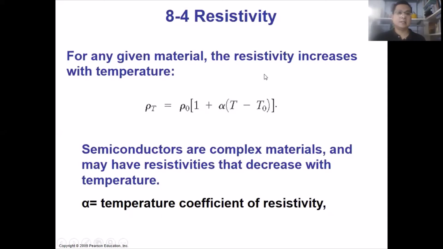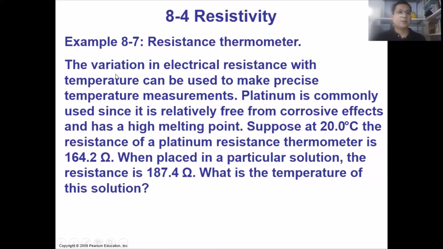The formula is rho T equals rho O, the initial rho, times 1 plus alpha times delta T. As we know, alpha is the temperature coefficient of resistivity, as mentioned in the table 25 just now. So we try to solve the problem using this formula.